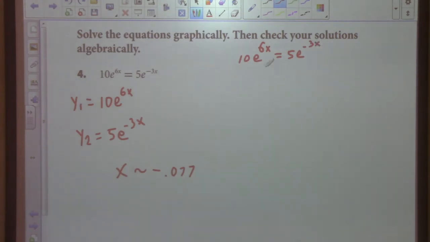What's going to be a first step in solving this equation, do you think? Dividing by 5? Yeah, I would divide by 5. I think that's a good first move right here, right? So if we divide by 5, what do we have left? So we have 2e to the 6x equals e to the negative 3x. Then you want to do something with logs. Ln, because it would be e to the e.